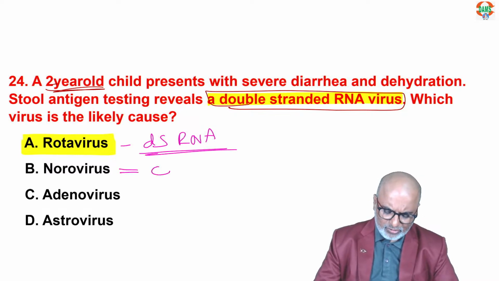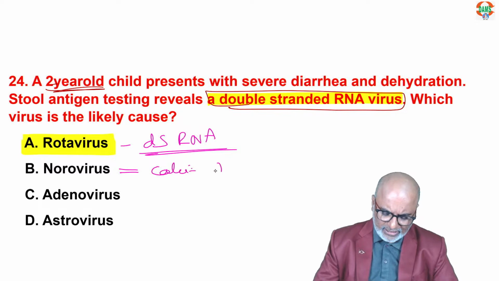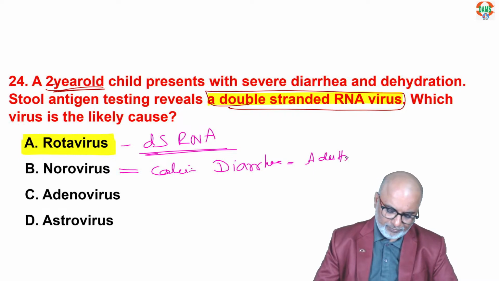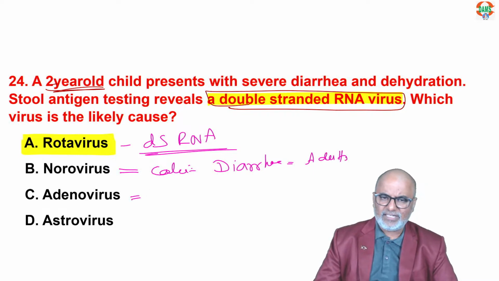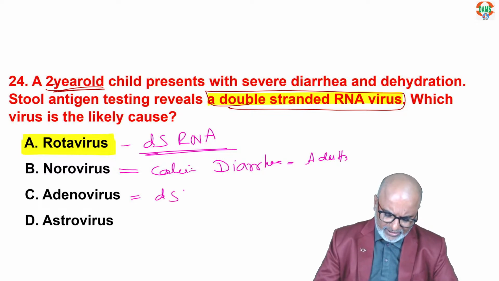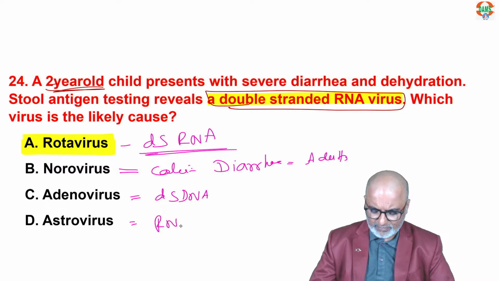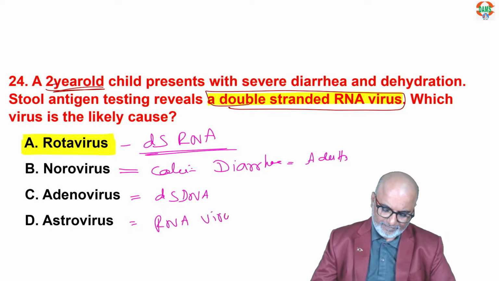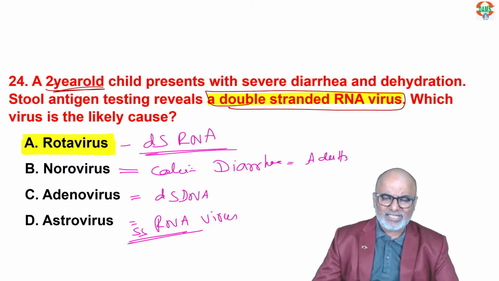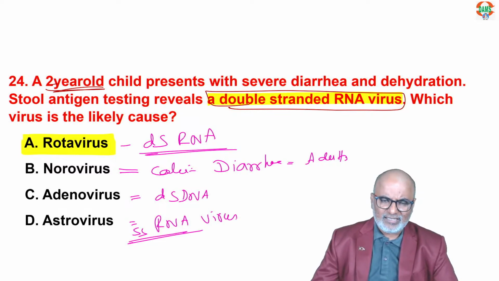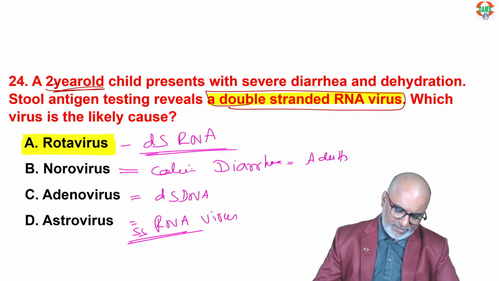Norwalk virus belongs to calicivirus, and it causes diarrhea in adults. Adenovirus also causes infantile diarrhea, but it is a double-stranded DNA virus. Astrovirus is a single-stranded RNA virus. So, one and only double-stranded RNA virus is rotavirus.